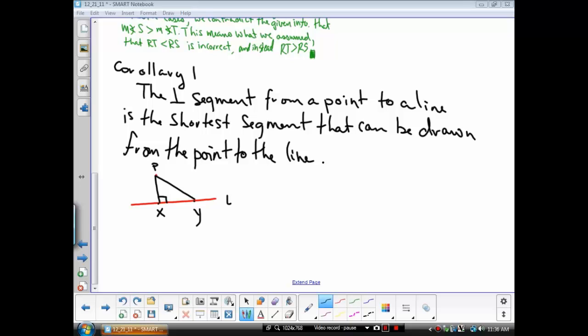And our given information is basically the diagram shown. And what we want to prove is that PX is less than PY.